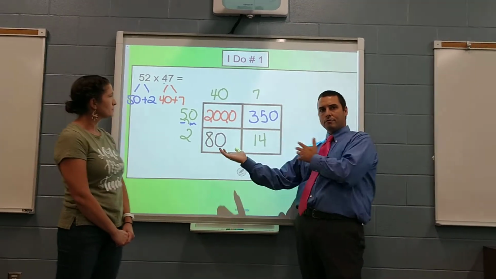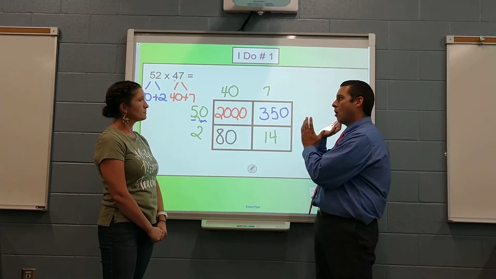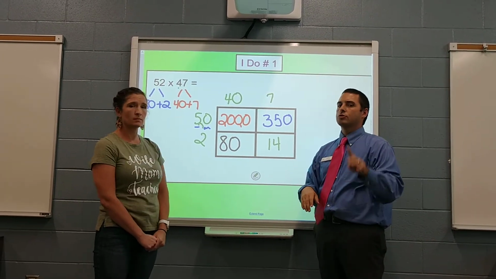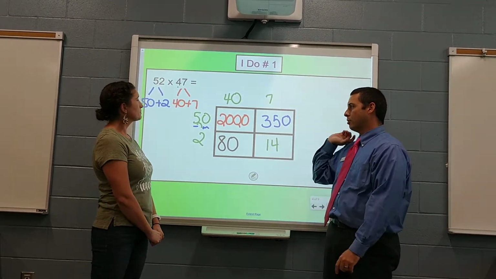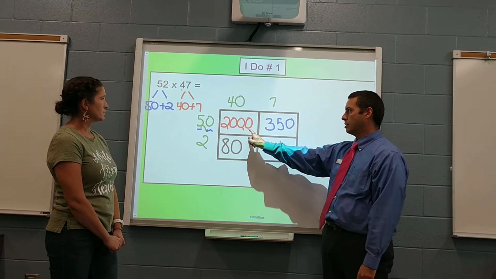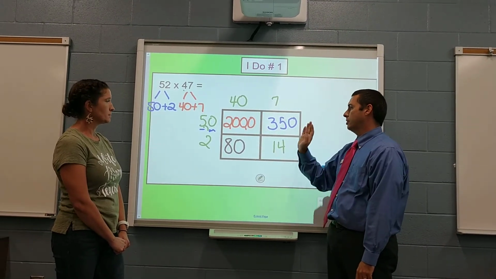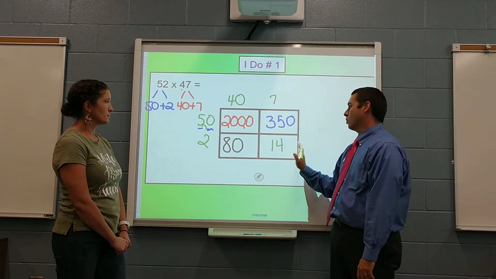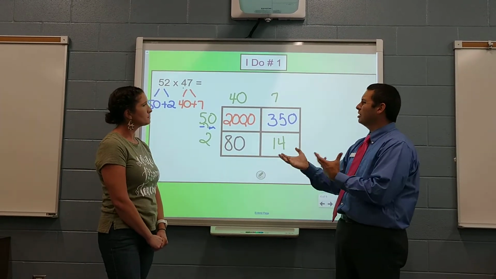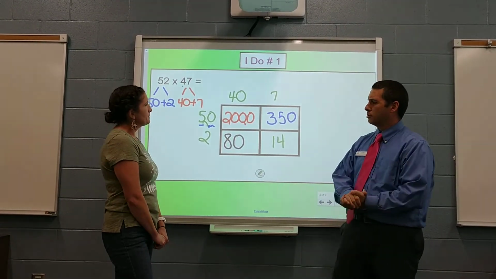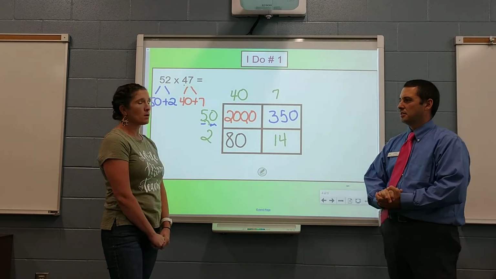And what we have just come up with are 4 partial products. Those partial products are 2,000, 350, 80, and 14. What should we do with those partial products themselves? So I'm thinking back to when we are multiplying.